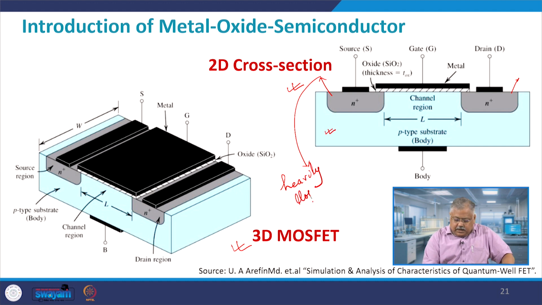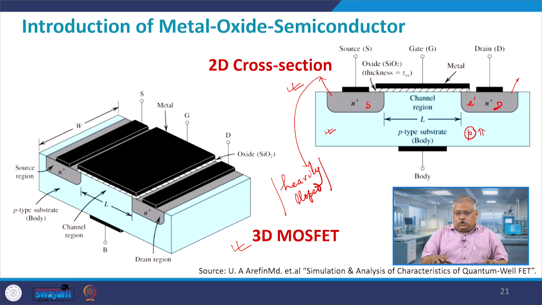Heavily doped basically means that the doping is much larger than the intrinsic carrier concentration, and the number of charge carriers is relatively very large, which means the number of holes in the substrate is very large and the number of free electrons in the drain region and in the source region is also very large.